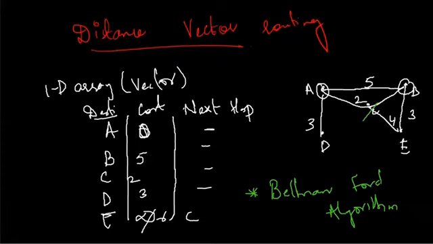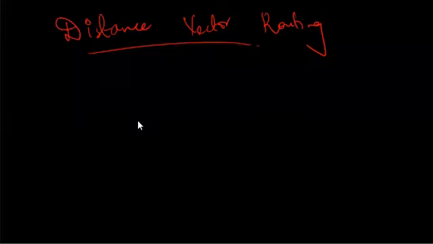We will see this example in a bit more clear and concise way. The main disadvantage with distance vector routing is that good news, or the news that there is a route to E, or basically a route to any other router, reaches fast or is reacted to fast.